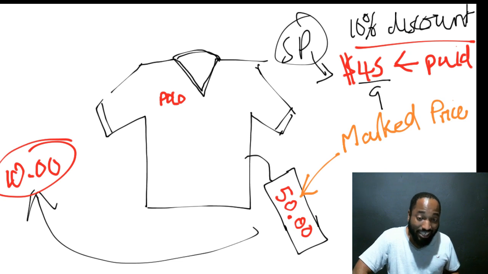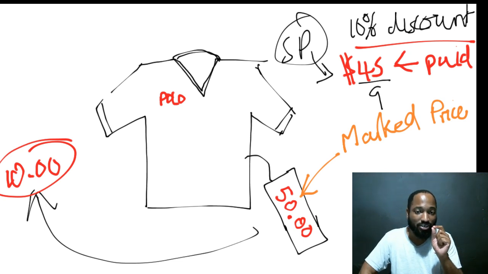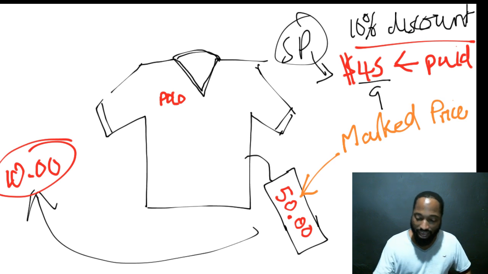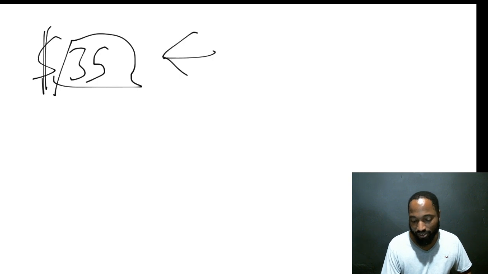Most of the time when you're working on profit and loss percentage, you have to put it over something. Let me ask, which one do you put it over, the cost price or the selling price? So if this was $35 profit, how are we going to find the profit percent?